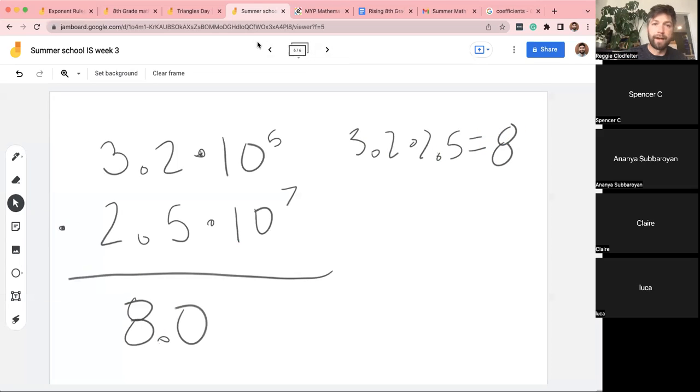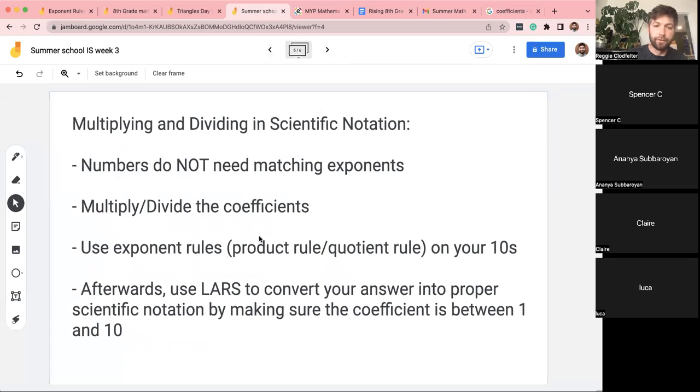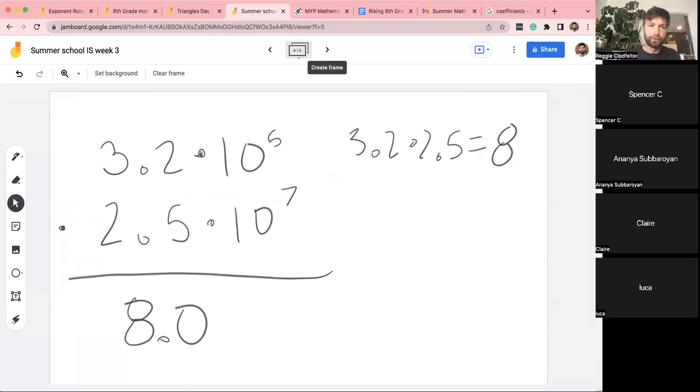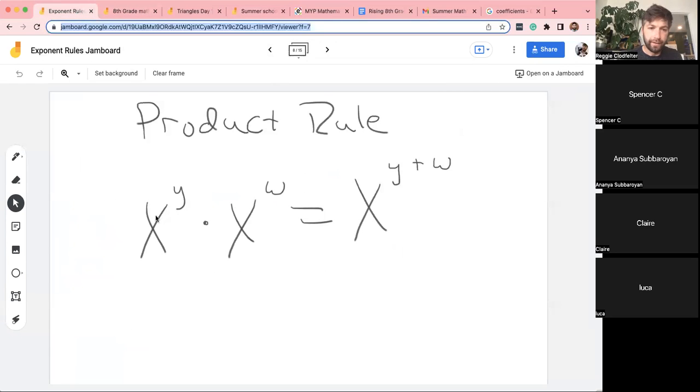And then my next step is I use the product rule when I'm multiplying or the quotient rule when I'm dividing on my tens. So in this case, I was multiplying. So the product rule tells me that if I have matching bases to an exponent, and I multiply them, I simply keep the base the same and add the exponents.